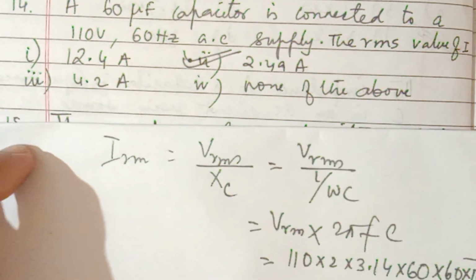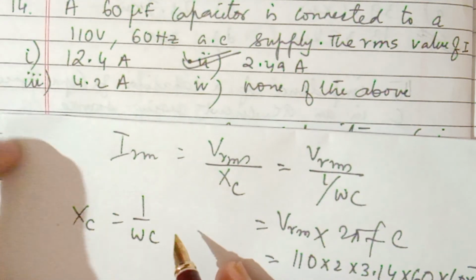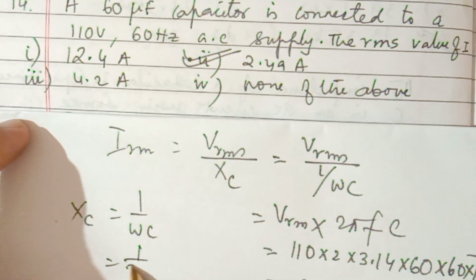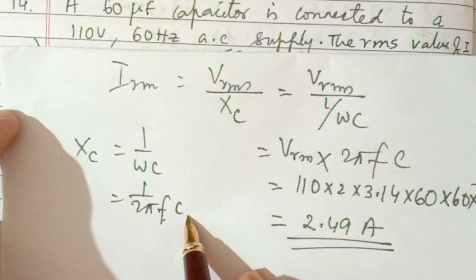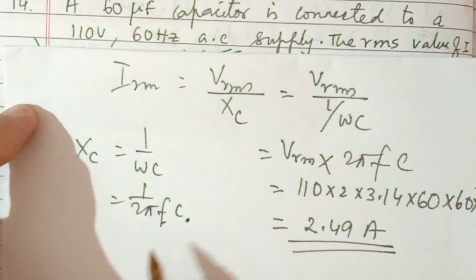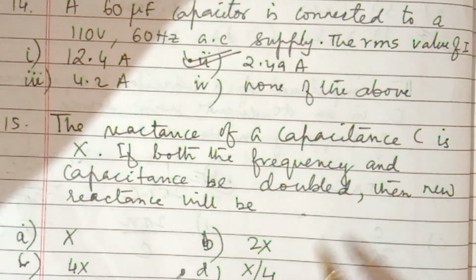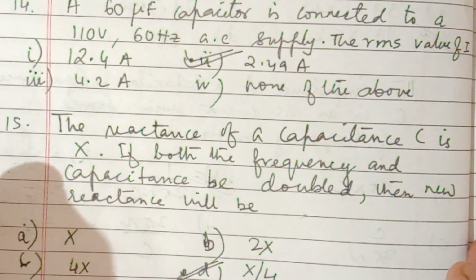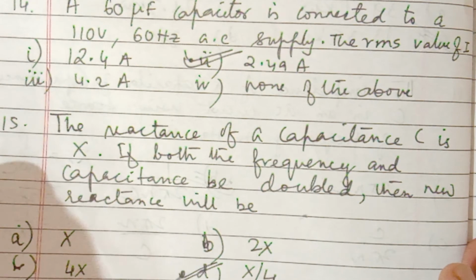Same way from here you can do XC equals 1 by omega C, or 1 by 2 pi f C. If frequency is doubled and C is also doubled, then it becomes 1/4. Multiply by 2, multiply by 2. So X by 4 will be the answer. So this option is correct, because both the frequency and capacitance are inversely proportional to the reactance.